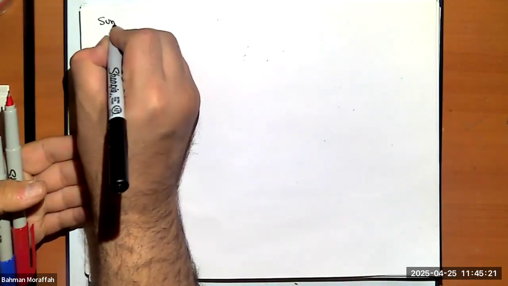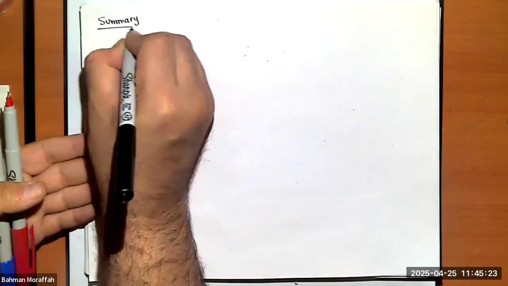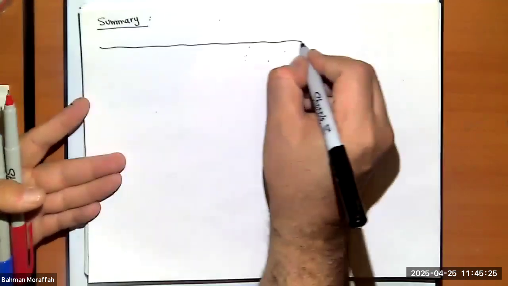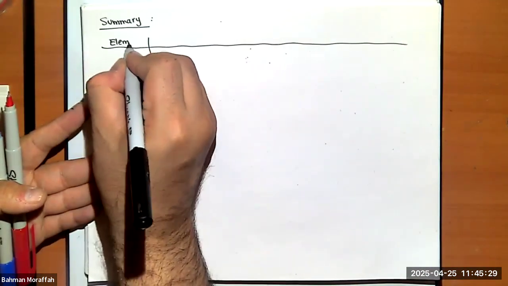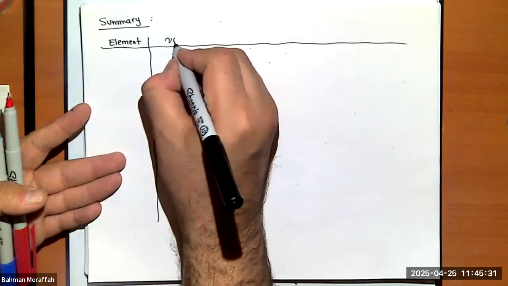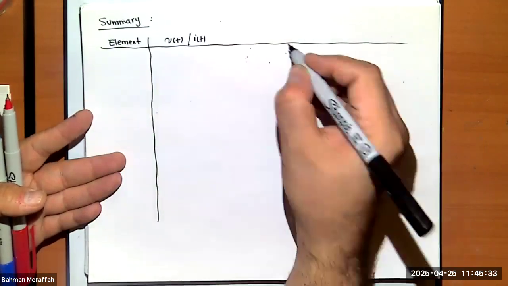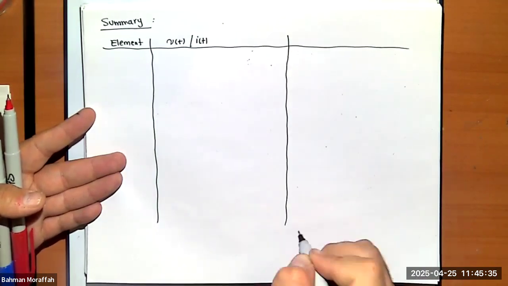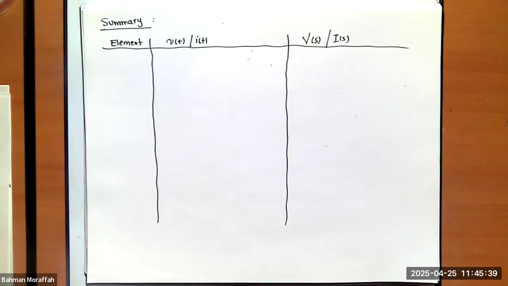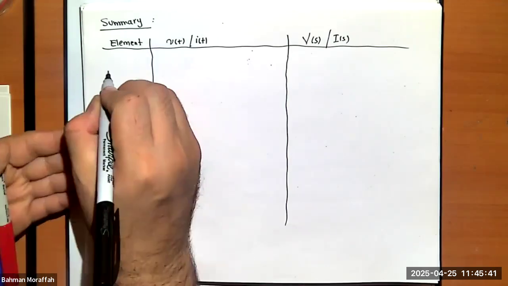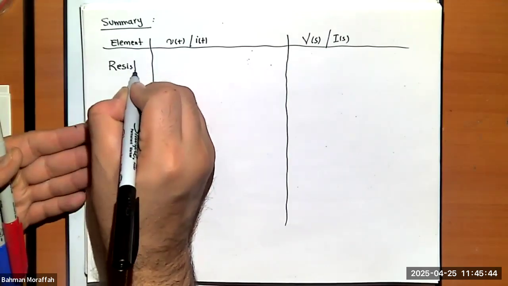So summary. Let's just say I have the element here, my time domain relationship here, and the s domain relationship here. Okay? Let's start with the resistor.